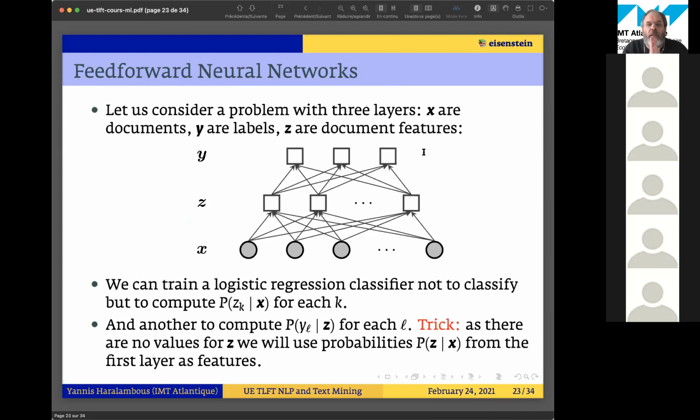Now, imagine the following situation. Again, you want a classification, and again, X is a bag of words.